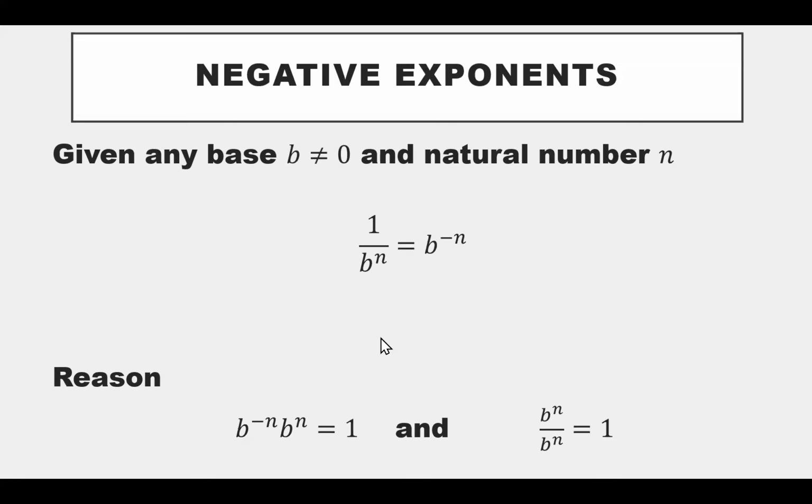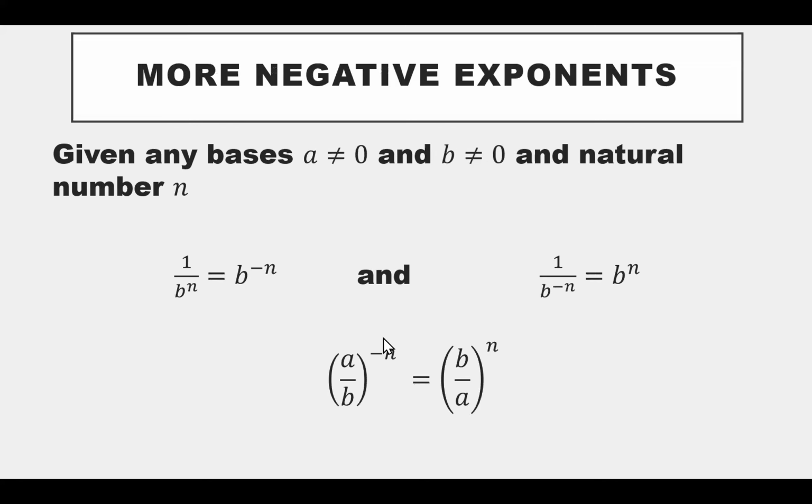So b to the negative n is the multiplicative inverse of b raised to the positive n power. That's what these two say. And multiplicative inverse is the reciprocal. So a fraction to the negative power is like the reciprocal fraction raised to the positive power.